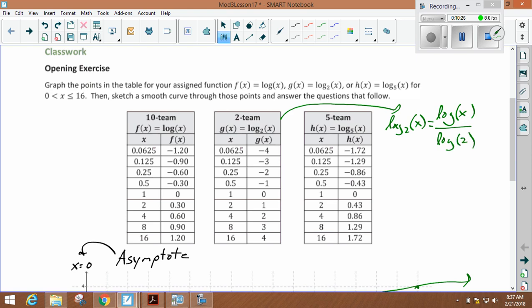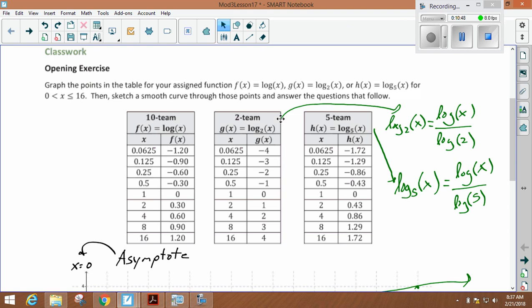And for log base 5 of x, I can instead graph log base 10 of x over log base 10 of 5. And I'll show you that those two things are the same.